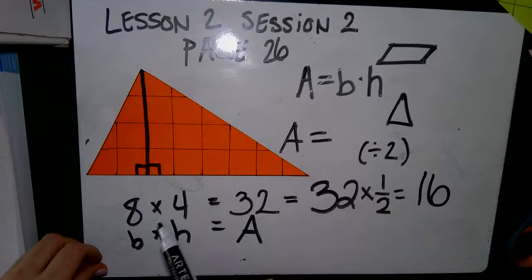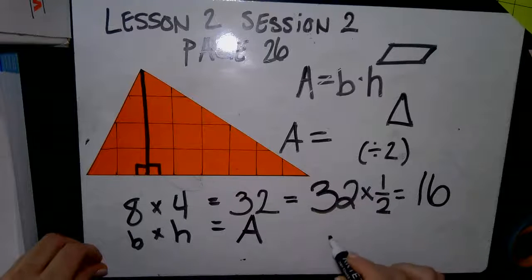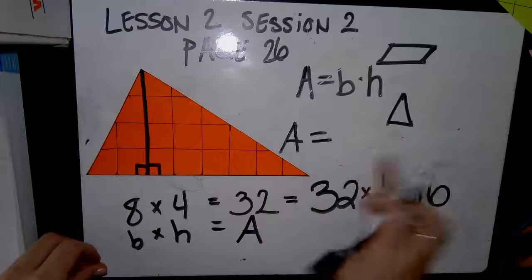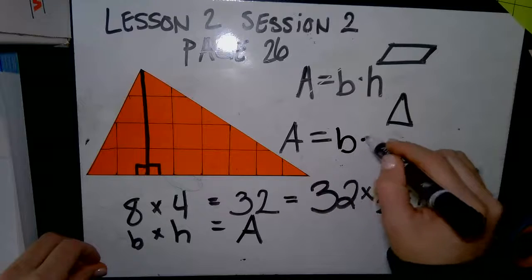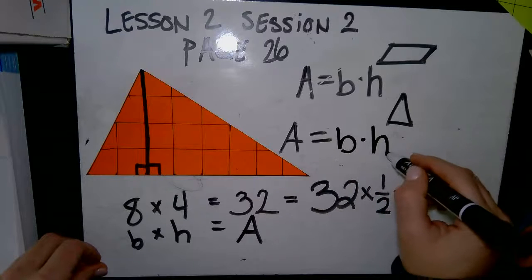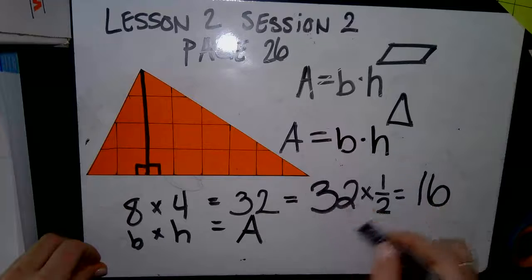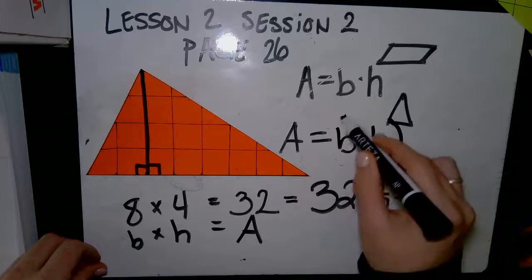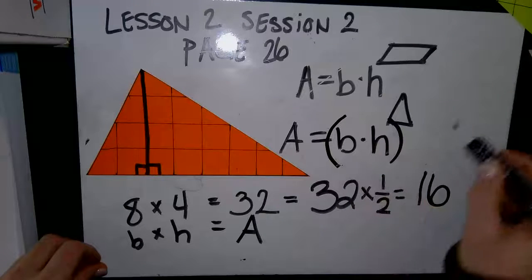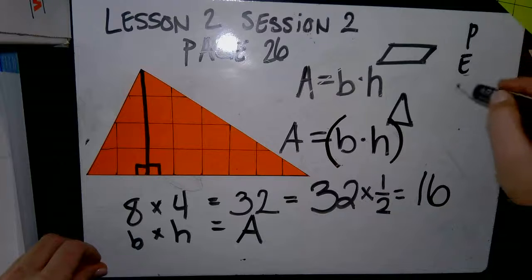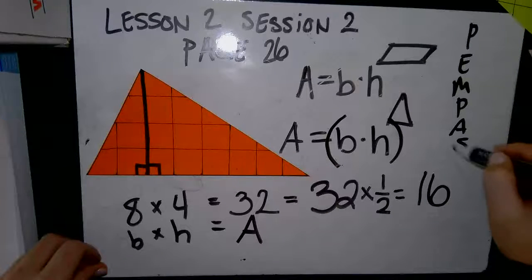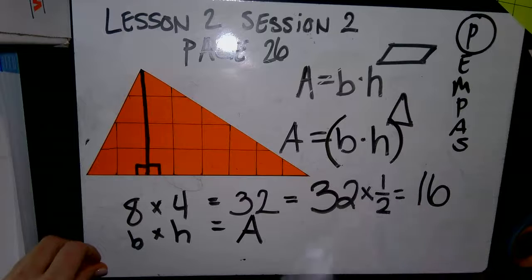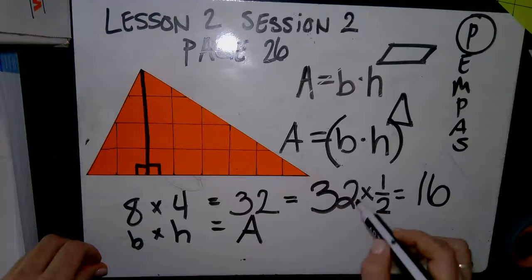Well, we still did base times height, right? So we did base times height first. But then what did we have to do? We took that answer, whatever I got from base times height, I had to do that first. So because of PEMDAS, I'm going to use parentheses to mean do base times height first. And then what did we do after?